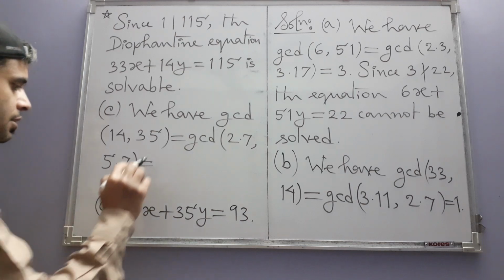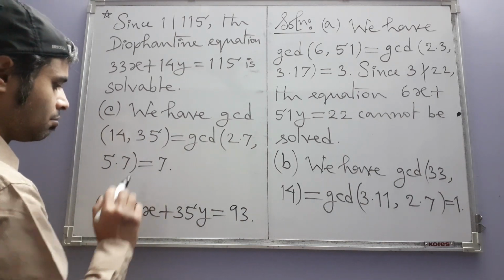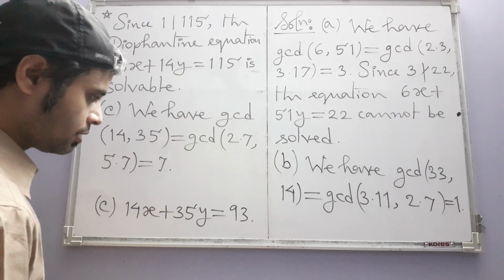Here we do have 7 common, but 7 does not divide 93, which you can verify.